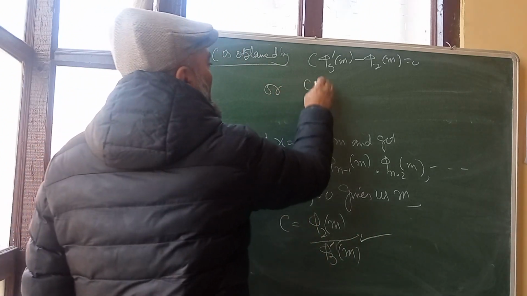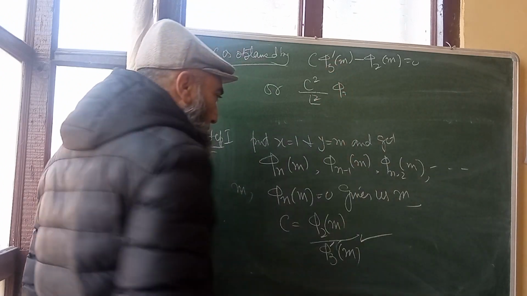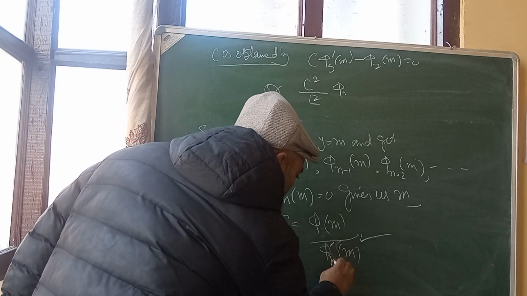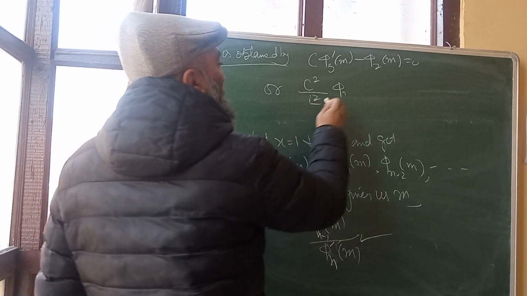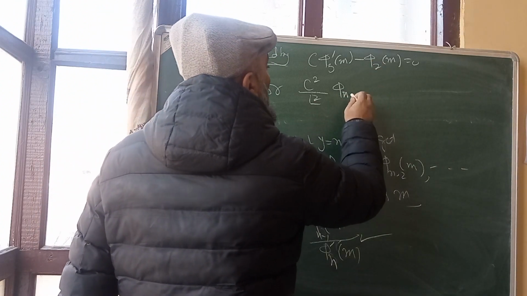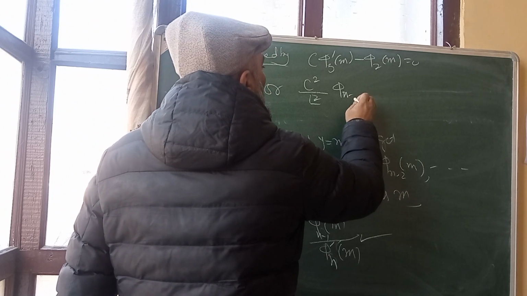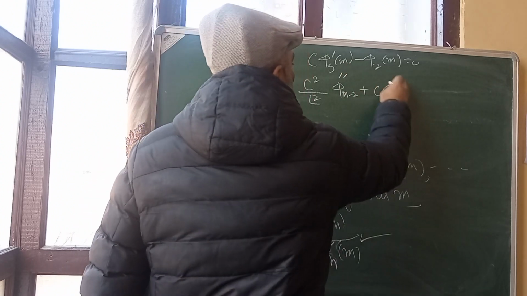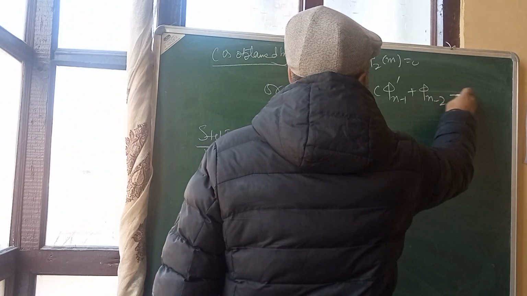Or c square by factorial 2 phi 3 double dash. I am writing this: this is phi n, this is phi n minus 1. c square phi n minus 1 minus phi n minus 2 double dash, c phi n minus 1 dash, and phi n minus 2 equals 0.